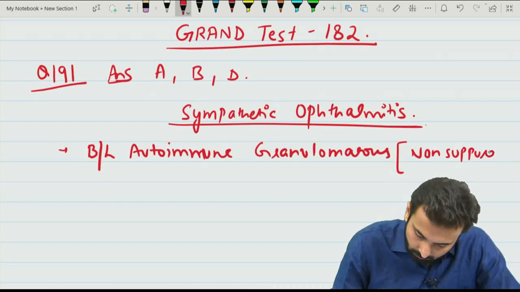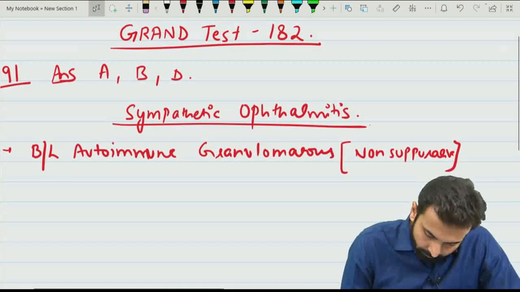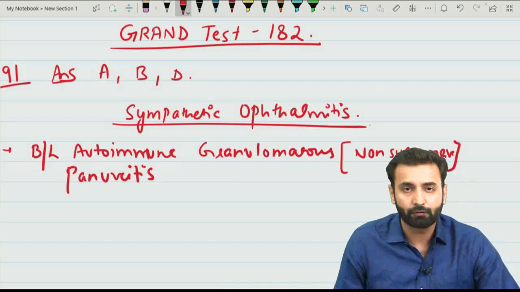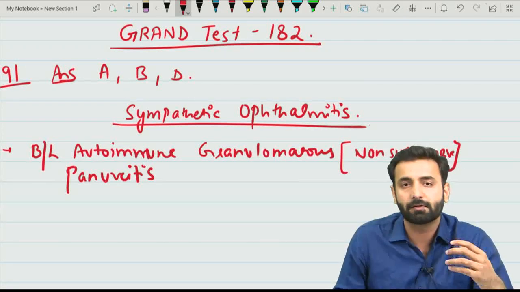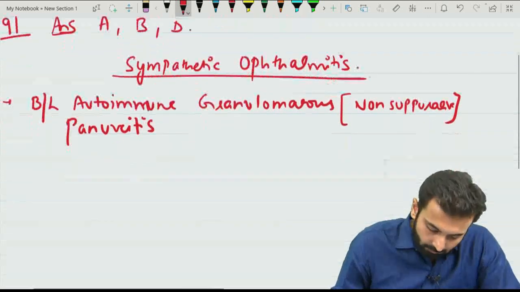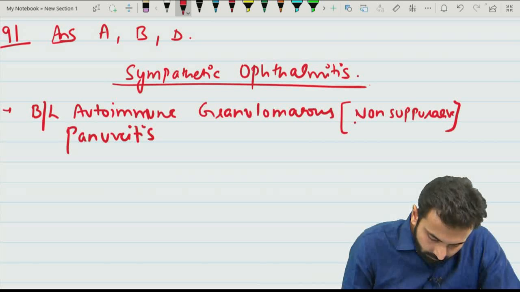It is a non-suppurative pan-uveitis. Pan-uveitis means that there is inflammation of iris, ciliary body as well as choroid. So it is a pan-uveitis reaction.